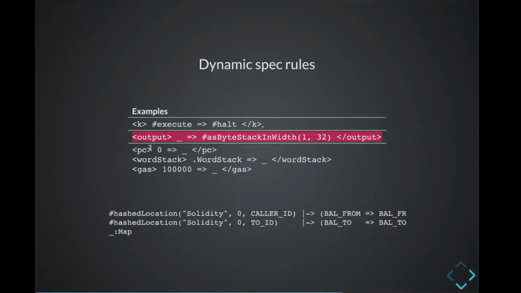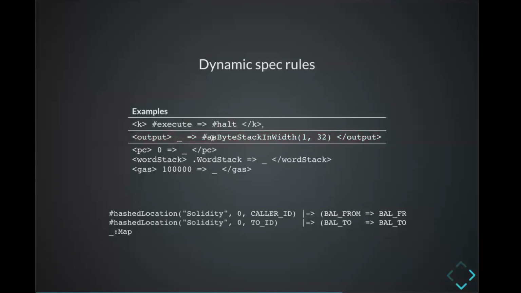But we could also have a value type as a precondition and an anonymous variable as a postcondition. This is very, very frequent. Examples include the program counter. We set it to begin at 0 so that we actually execute the program from the beginning, not from the middle. But we don't really care what it ends up being. That's not part of our specification.